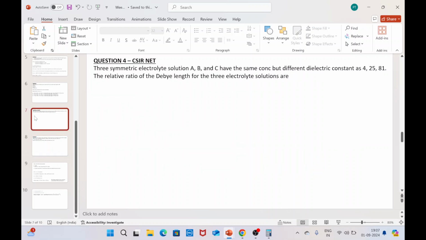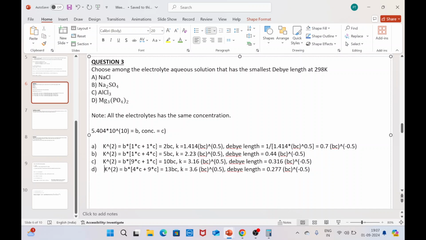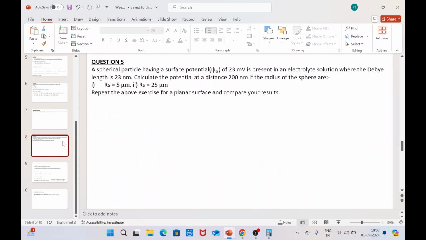So next we have one question, but if you have any doubts, then please let me know, or otherwise we can progress. Let's solve question number 5 first.